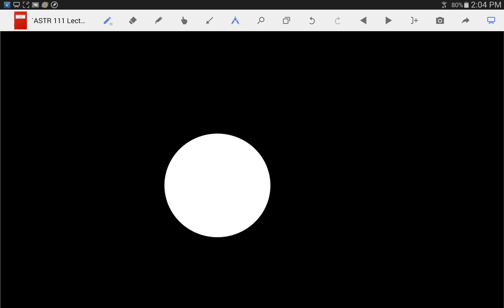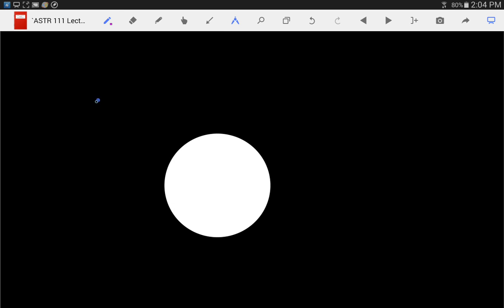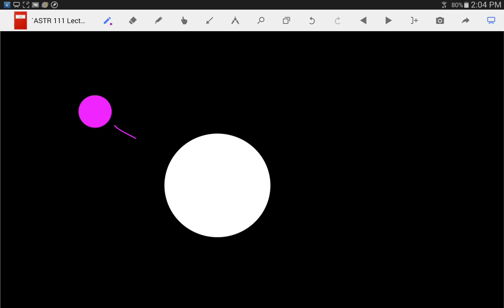And then some object comes flying in. So we'll have this magenta object come flying in. And it impacts, a major impact. Something that causes the Earth to shudder. In that impact, what's going to happen to the Earth?